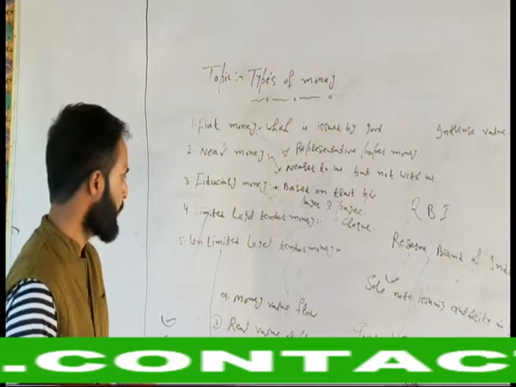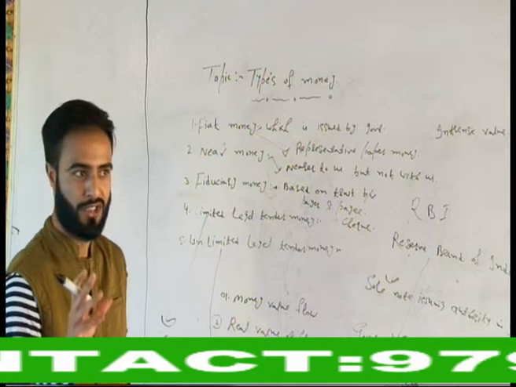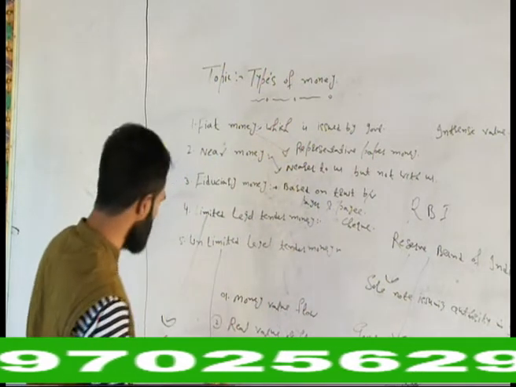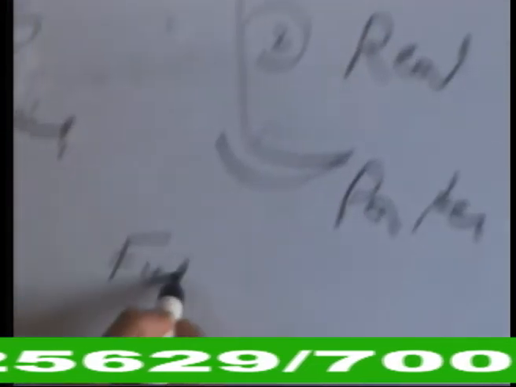Third one, money is commodity money and credit money. Full bodied money. Commodity money is basically full bodied money.